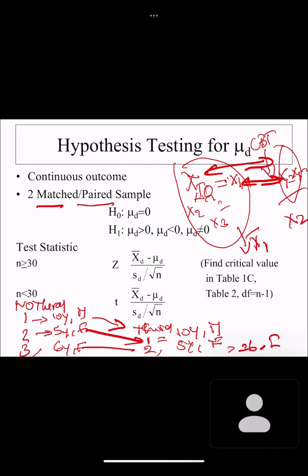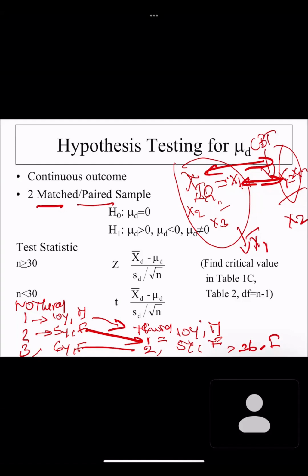Which makes sense. If you don't expect a difference between no therapy and therapy, what would be the values of the IQ? The same, right? The difference would be 0, because if you take this one minus this one, it would be 0.